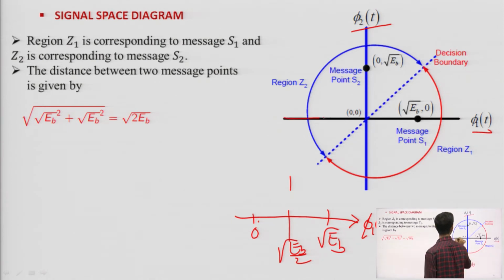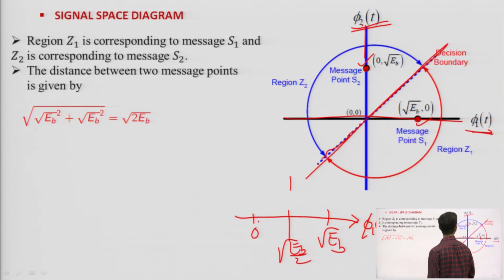So I have one phi 1(t) axis and another phi 2(t) axis, and I got S11 as root EB, 0, and the next point as 0, root EB. This is the point S2, and this is the point S1.